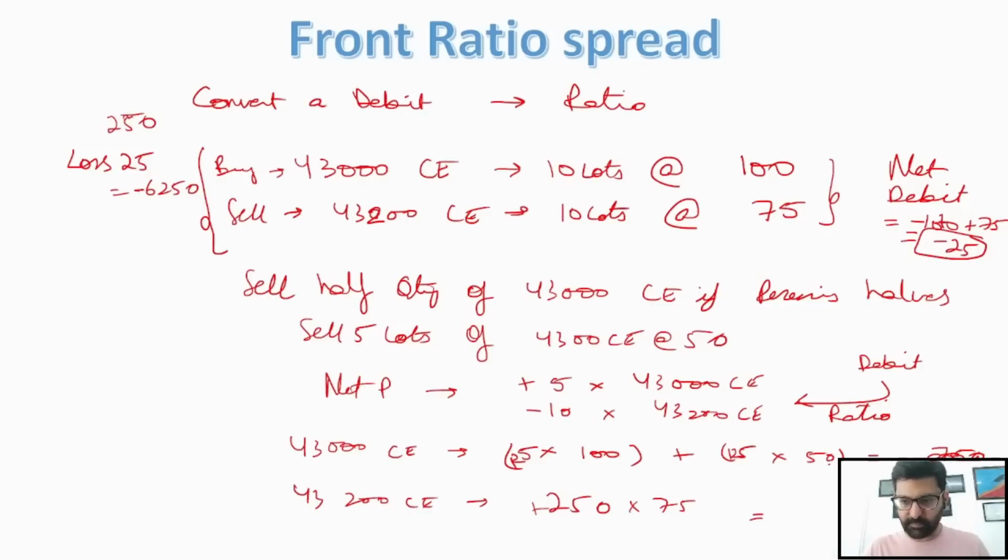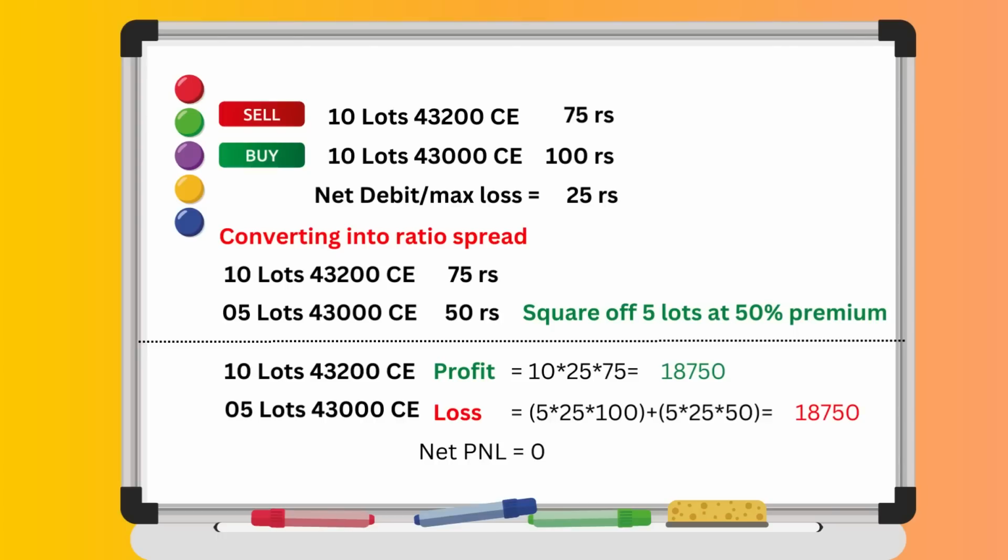So this is equal to minus 18,750, and this is equal to 250 into 75, so 18,750 again, right? So we end up with no loss, no profit.